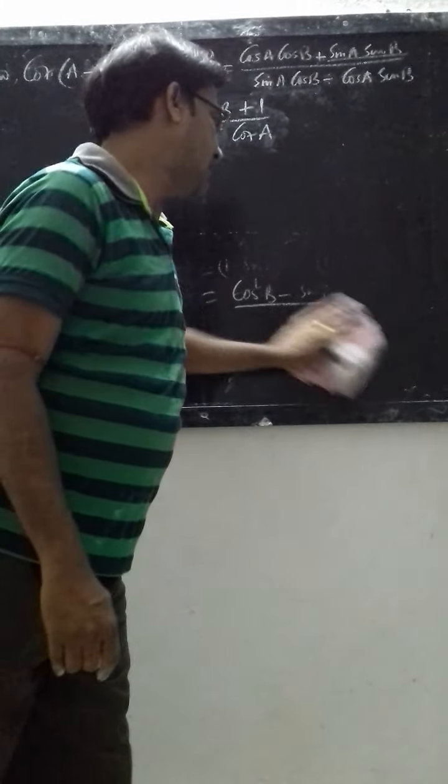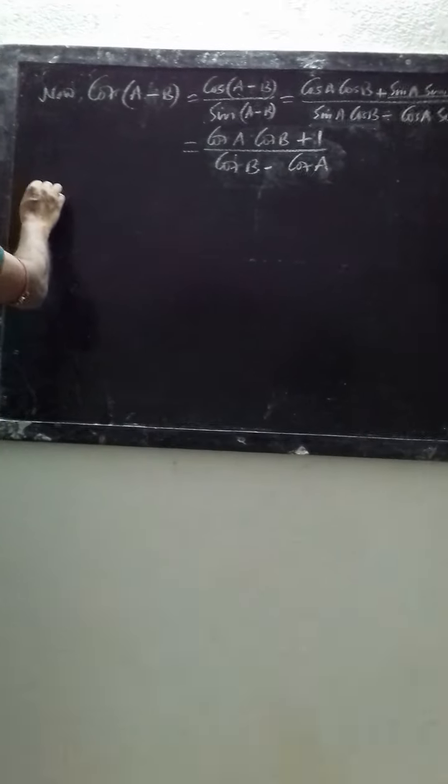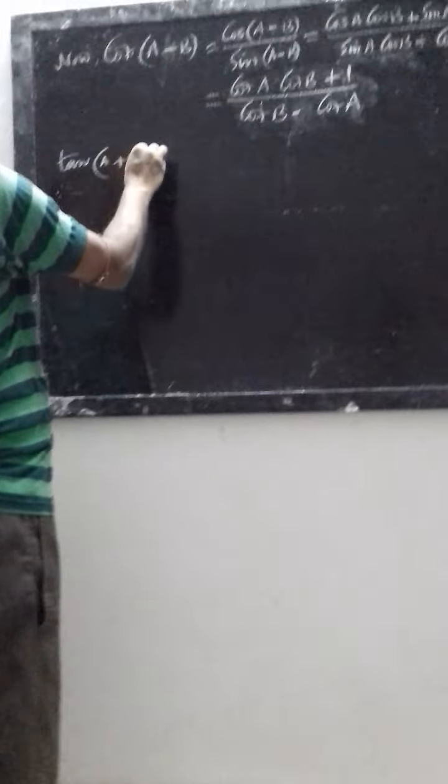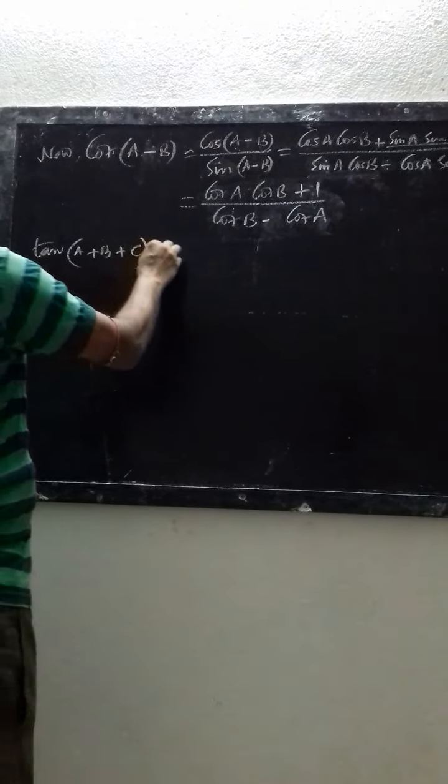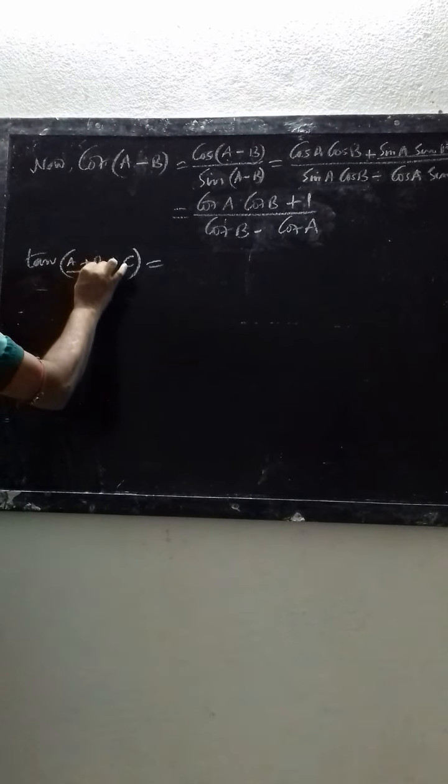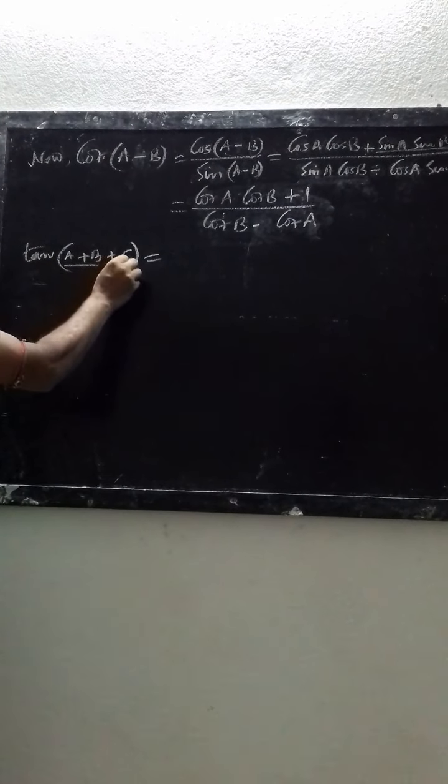Now the last formula, tan(A+B+C). This is equal to (A+B) as one angle, C another angle.